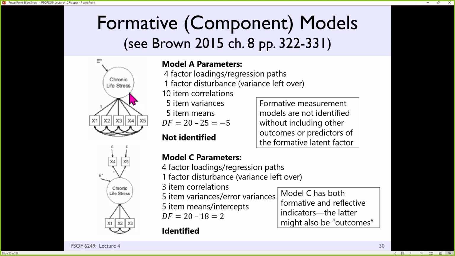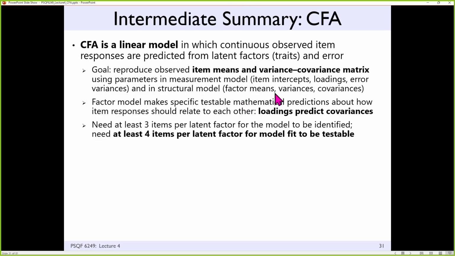I will also draw a parallel: those of you who know principal components analysis, that's this. A component is an outcome, a factor is a predictor. So there is a direct parallel between factor analysis, where the predictor is the factor driving the item responses, versus component analysis, where the responses are the predictors driving the component as an outcome. You have to use different words because they mean different things. So just a brief aside about that.